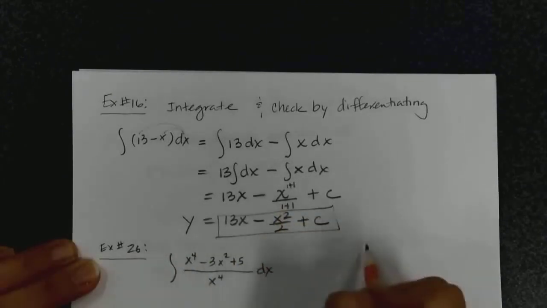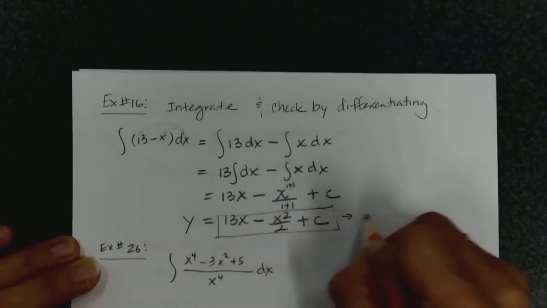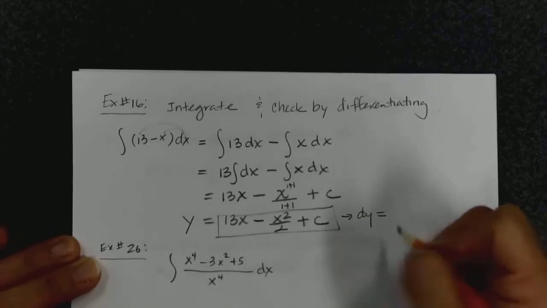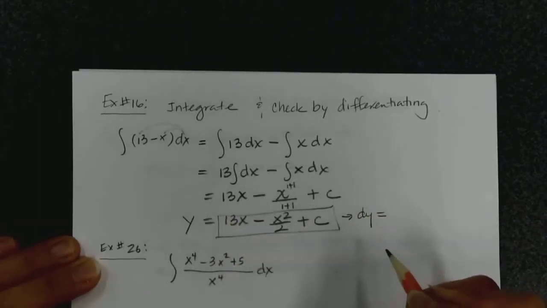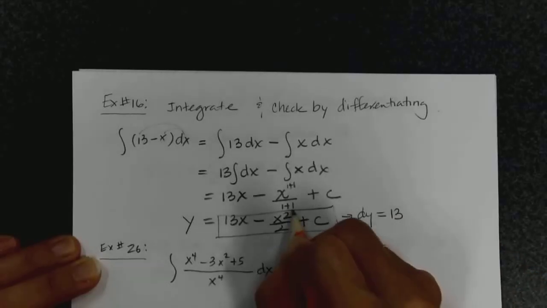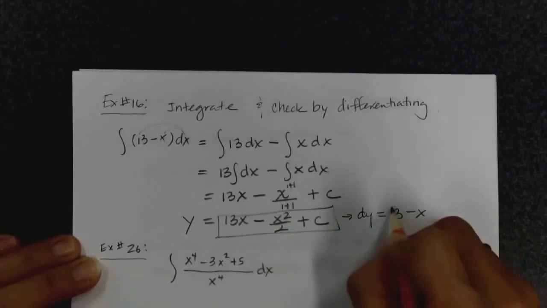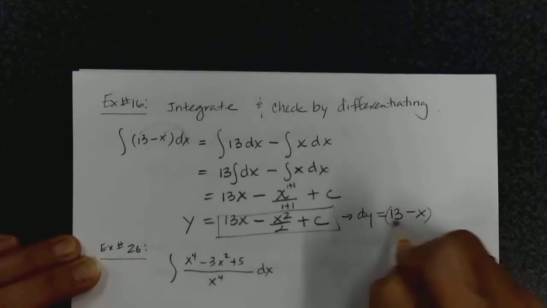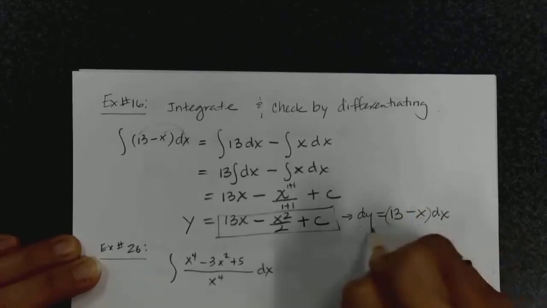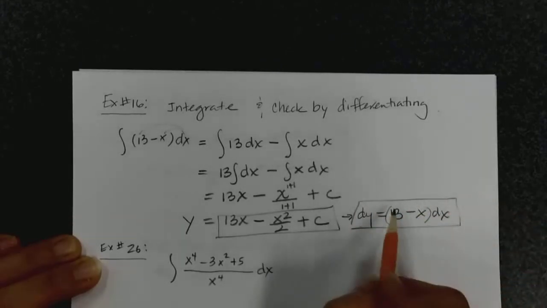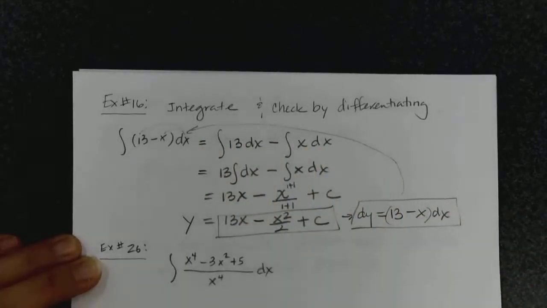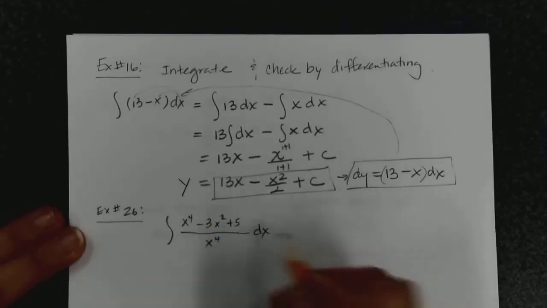Now if I were to take the derivative, find the differential of this, dy is equal to, we're just going to take the derivative of this, which is 13, and bring down the 2. The 2's will cancel out, so this will be minus x. And then remember, the differential is the derivative times dx, and this is what I end up with when I started there. Okay?